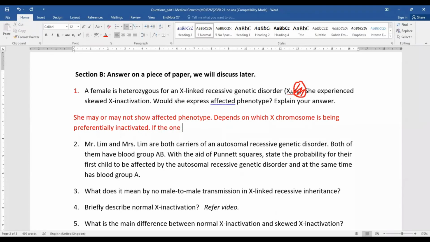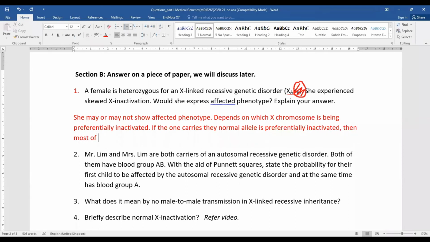So if the one that carries the normal allele is preferentially the active X.